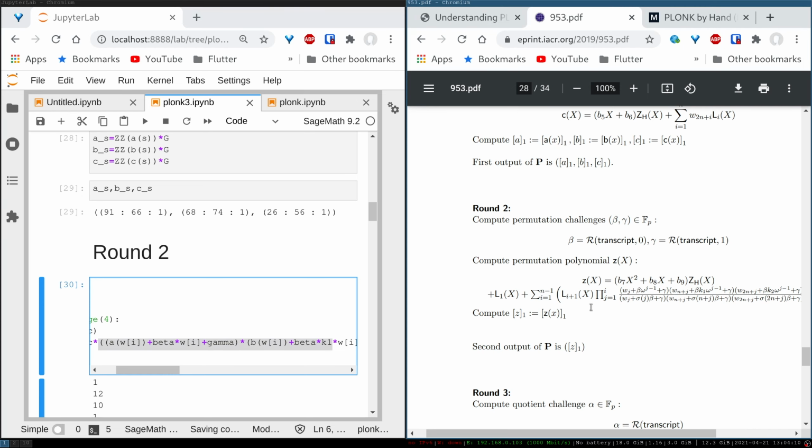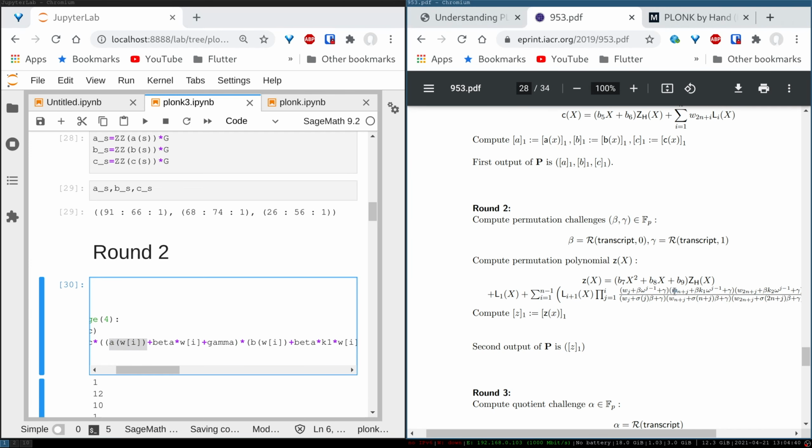Wj is the same as A evaluated at Wi, and that's because of the way A was formed. A was formed so that whenever you evaluate at these 4 labels, 1, W, W2, W3, you get the coefficient. So that is A evaluated at Wi.